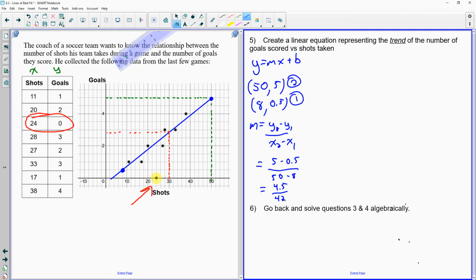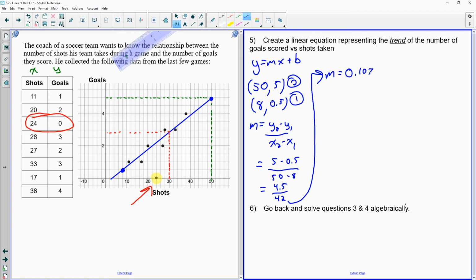So let's see if we can come up with something. No, not really. So in this case, we'll just have to round this off and bring it up here so we have a little more room. So 4.5 divided by 42 gives us about 0.107.